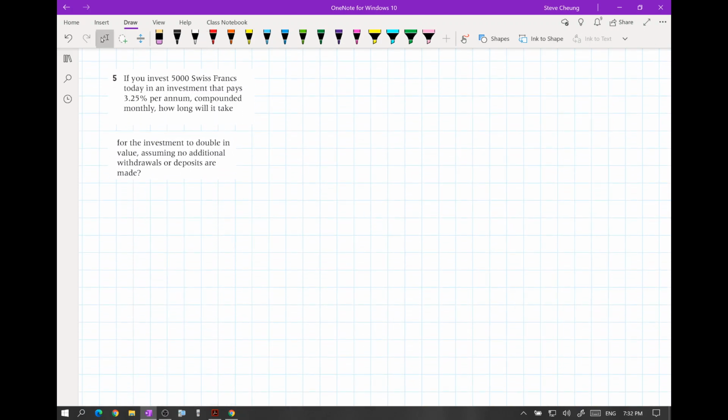5,000 today at this rate per annum, and then compounded monthly. How long would it take to double the investment? So that means we have 10,000 to be the future value, 5,000 to be now. Split the rate into 12 parts because it's monthly. And then we have to do 12 times n, because we're looking for n.